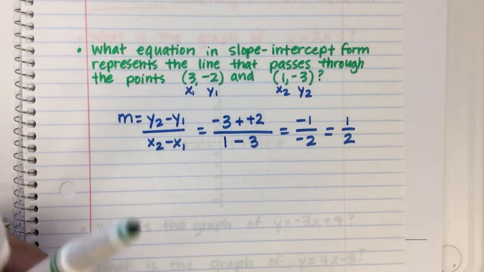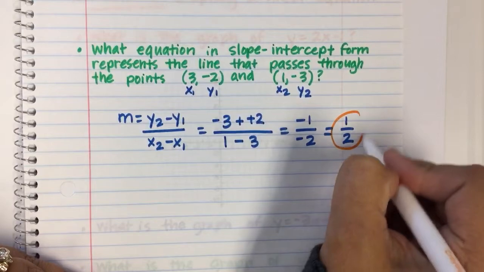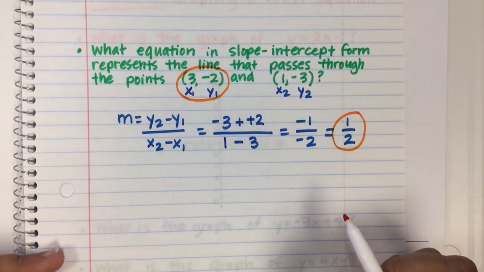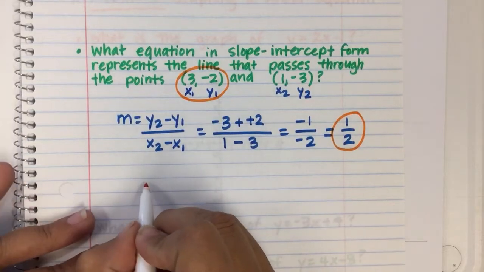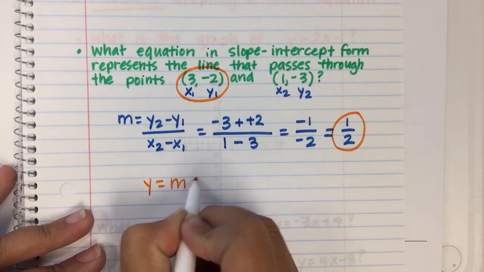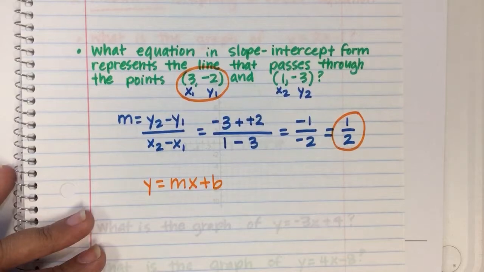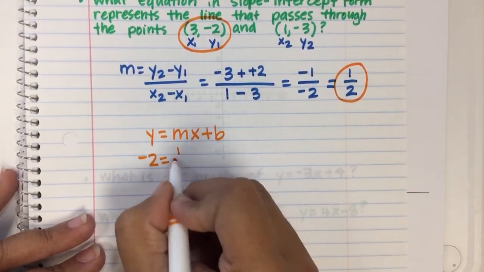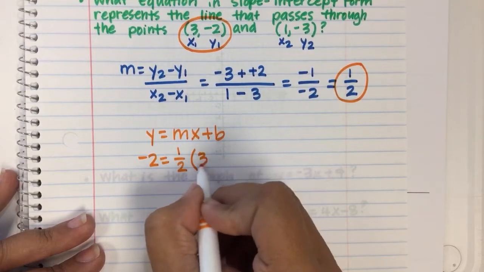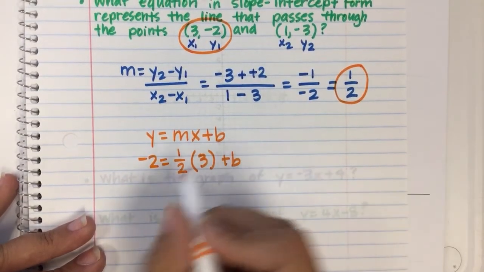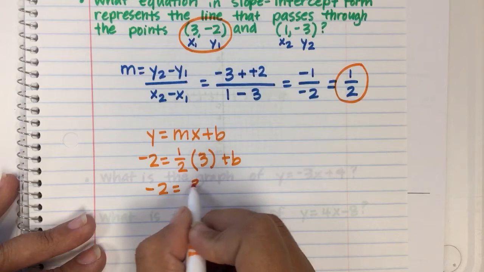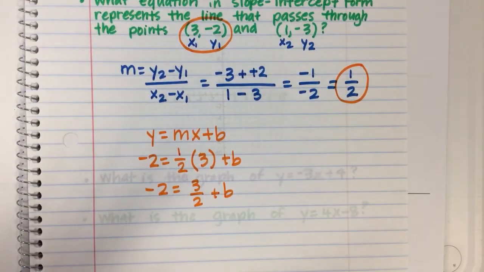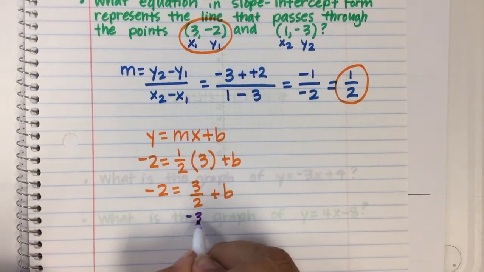All right, so now that I know the slope, I'm going to take the slope and one of these points and plug it into the equation. So y is equal to mx plus b. Y is -2, m is 1/2, x is 3, plus b. -2 is equal to 3 over 2 plus b. I'm going to subtract 3 over 2 from both sides.